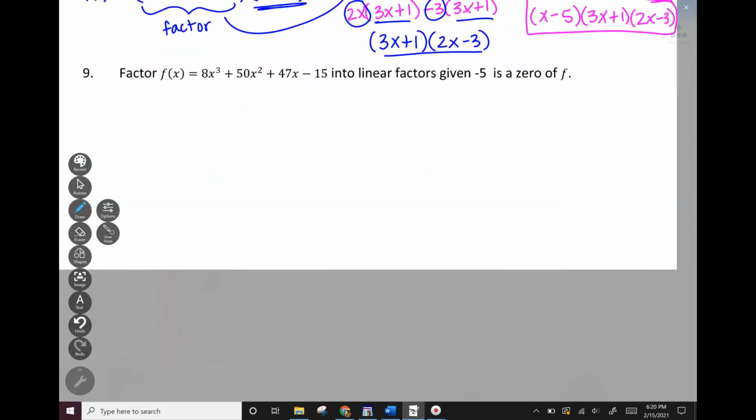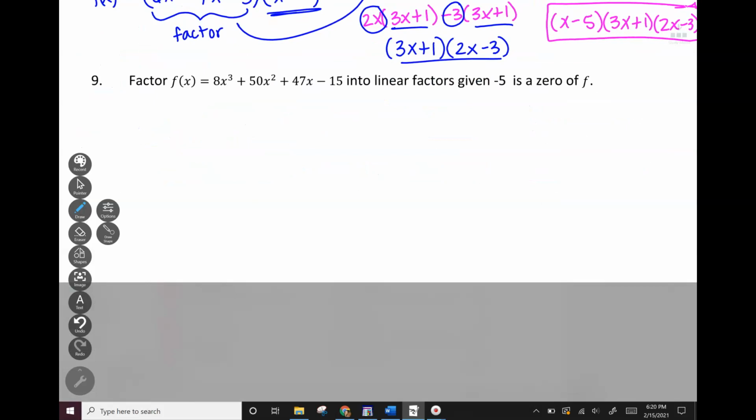Let's try number 9, the last one that we're going to do in this set of notes. All right, factor into its linear factors given negative 5 is a 0. So if negative 5 is a 0, then I should be able to divide x plus 5 out of f of x.